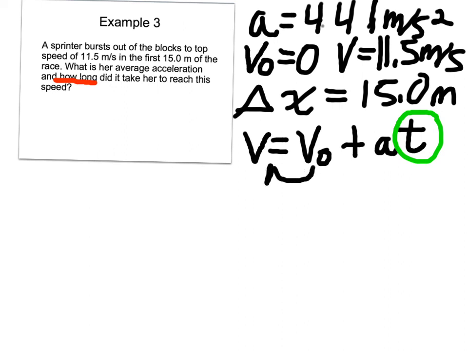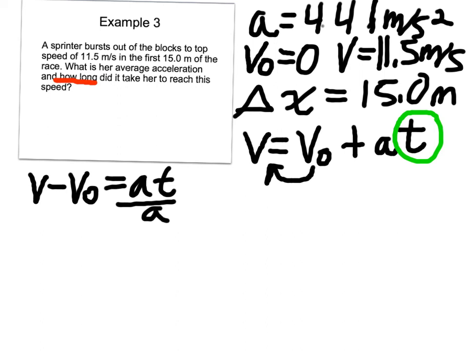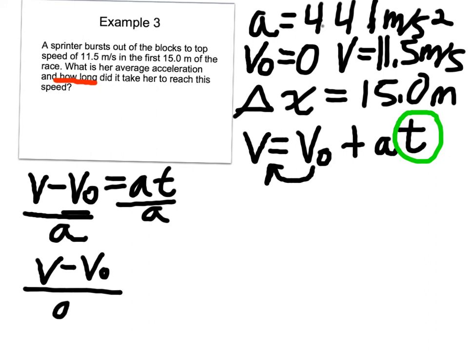Okay, now we're going to solve the equation for time. First thing I'm going to do is move the v0 over by subtracting. So now I'll have final velocity minus initial velocity equals acceleration times time. And then since I'm trying to get time by itself, I'll divide both sides by acceleration. Alright, so now I have final velocity minus initial velocity divided by acceleration equals time. And I can substitute in now.